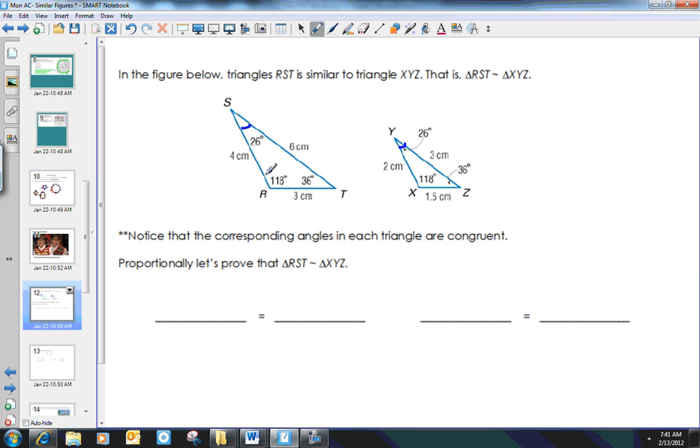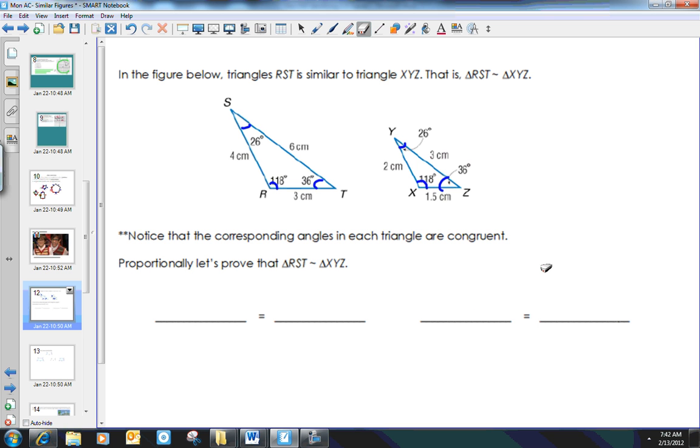So that's one clue on whether our figure is similar or not. Do the angles match? So now this one's 118 and that one's 118. That's similar, and then the 36 and the 36. So we know that our corresponding angles match up exactly. So that's one way to tell that this is a similar figure.